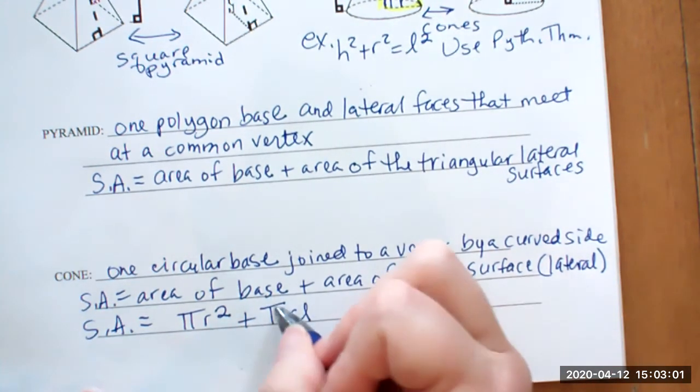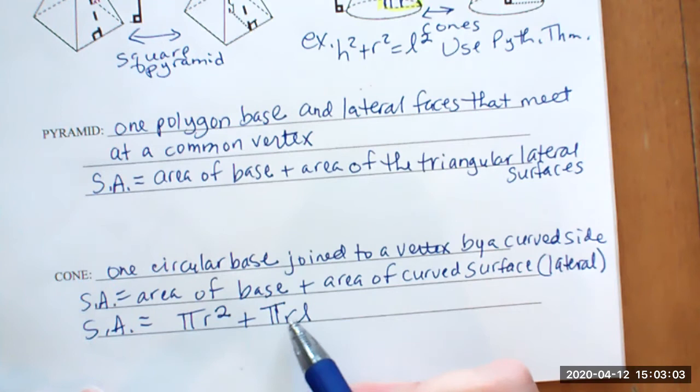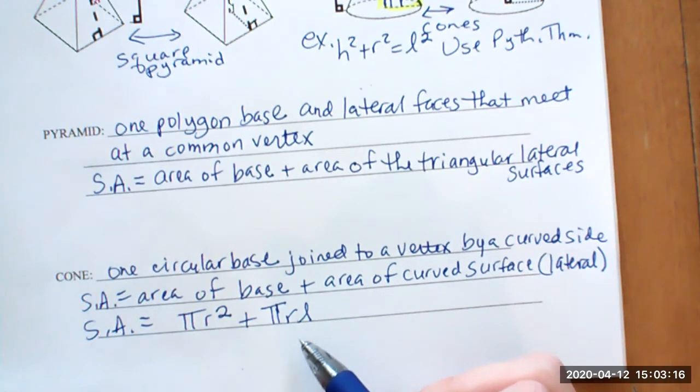Now, you might wonder, where did I get pi times r times l? And that is beyond the scope of this course. However, if you're interested, you can Google "derive lateral area of cone," or you can message me and I'll give you a link where you can look that up as well, okay?